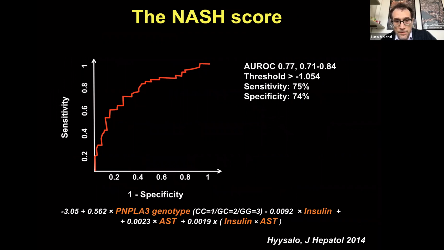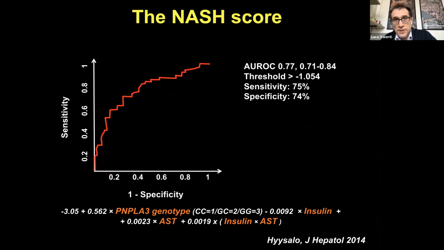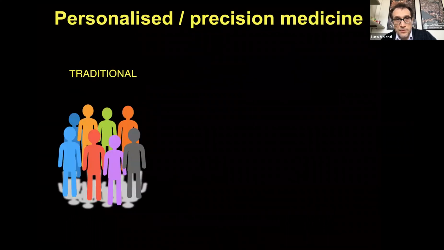And the main one, as you are probably aware, is the variant in PNPLA3, which is the main risk factor for fatty liver and steatohepatitis, so that it could be incorporated in non-invasive scores, for example, of fatty liver and NASH, allowing to discriminate with moderate accuracy the development of this condition and to estimate, for example, the prevalence of NASH in large population studies. So this is a main risk factor for this condition.